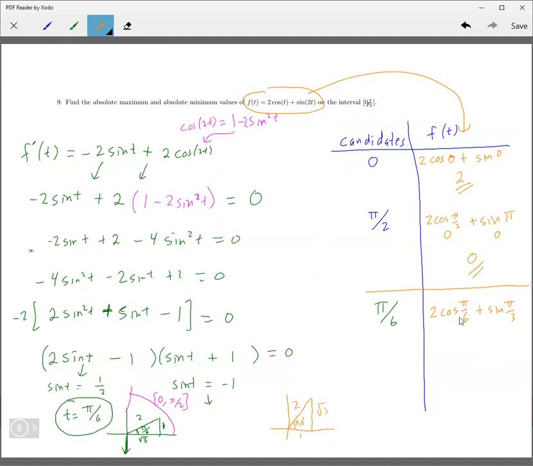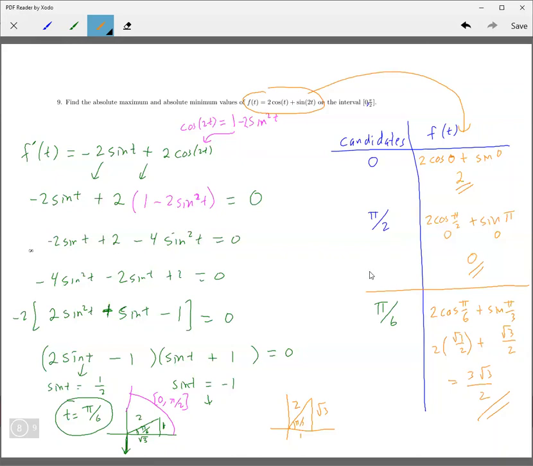Cosine of pi over 6 will be root 3 over 2, and sine of pi over 3 will be root 3 over 2. So 2 of these plus another one of these gives you 3 root 3 over 2. So that value there.